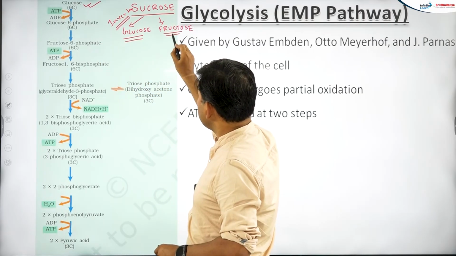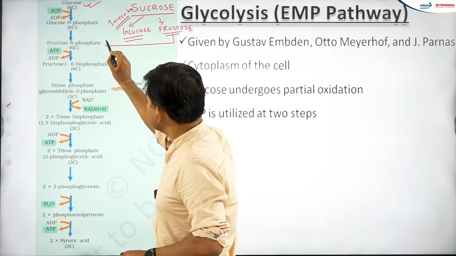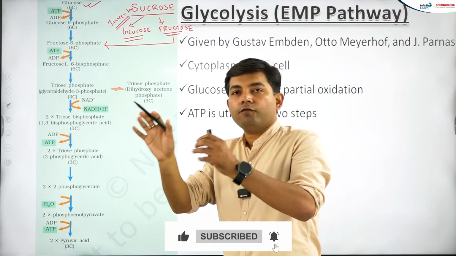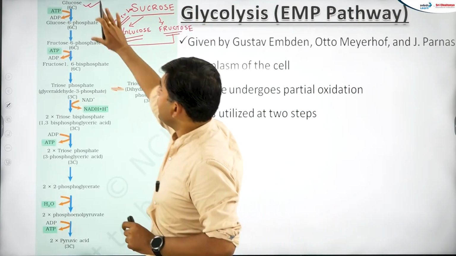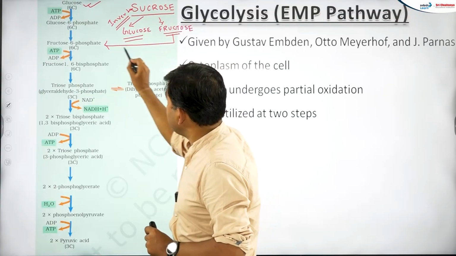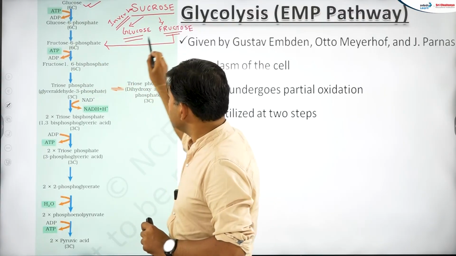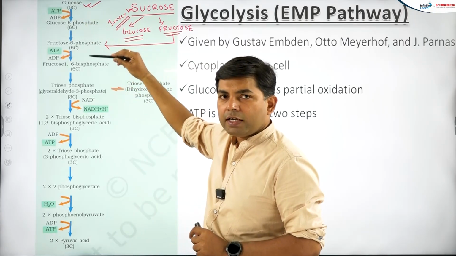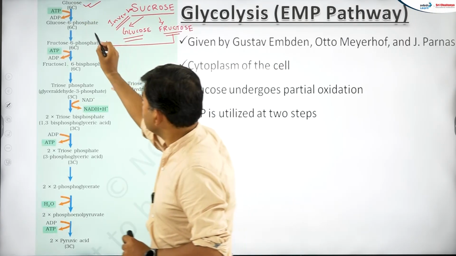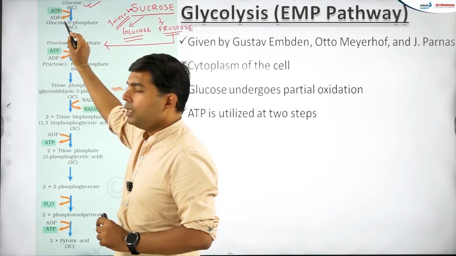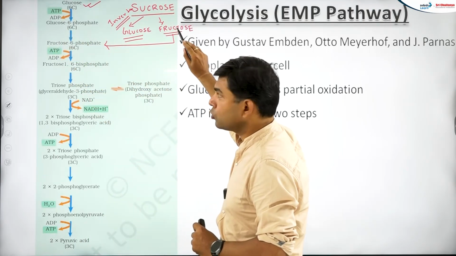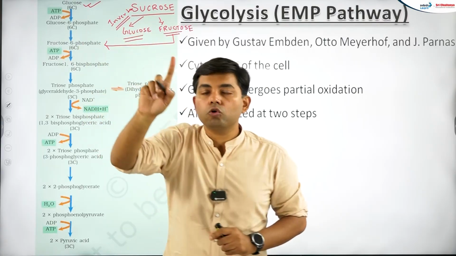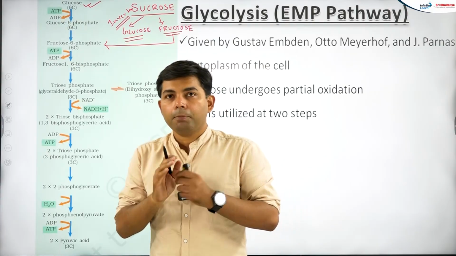If it starts from fructose, then the fructose will directly get converted into fructose 6-phosphate. So these are the two entry points. So this one step of isomerism is absent if fructose is the substrate, and this step is present if glucose is the substrate. That is point number one.